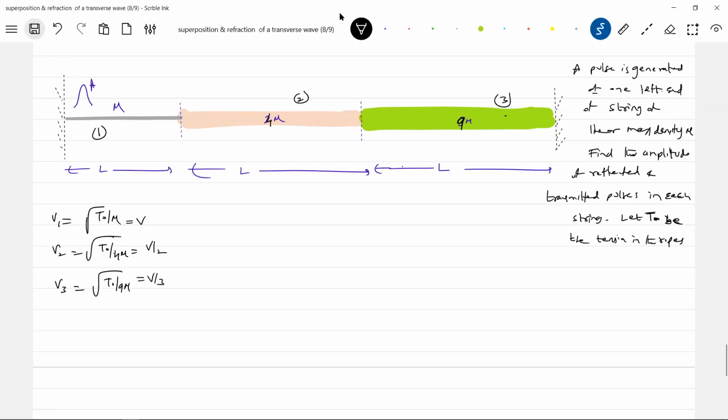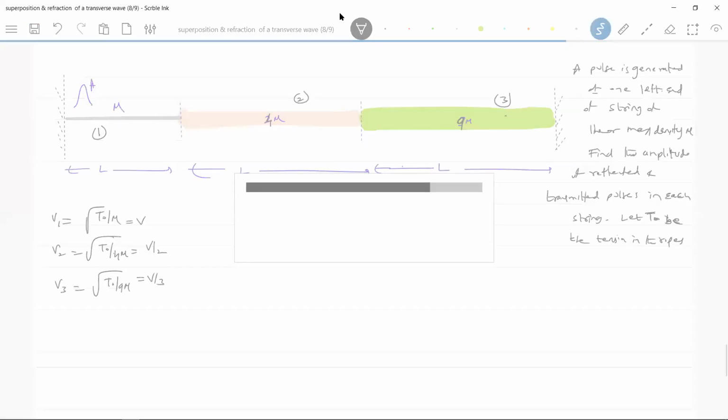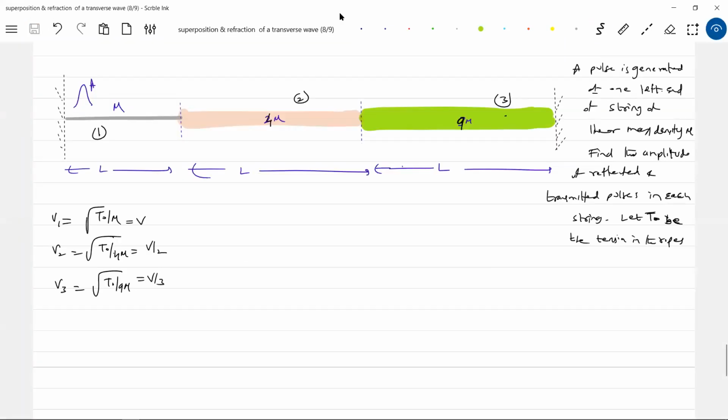Now, from where to where is the wave moving? Look at the first boundary. At the first junction, the wave is moving from rarer to denser. Then what do you expect the reflected pulse to be? It should be inverted. So this will be AR1, and this will be the transmitted pulse, AT2.